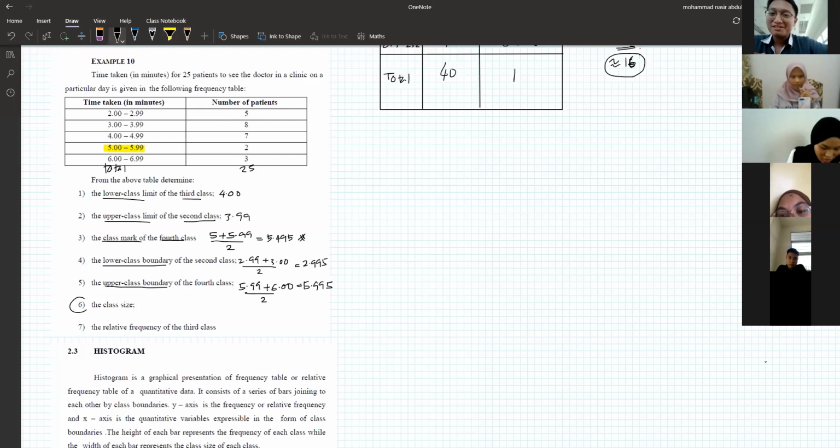And the last question, number 6, they ask class size. For this subject, we will maintain equal class size for each class, right? So class size, let's say you take 2 to 2.99. It should be equal to how much? 2.99 minus 2 plus 0.01. It should be equal to 1.